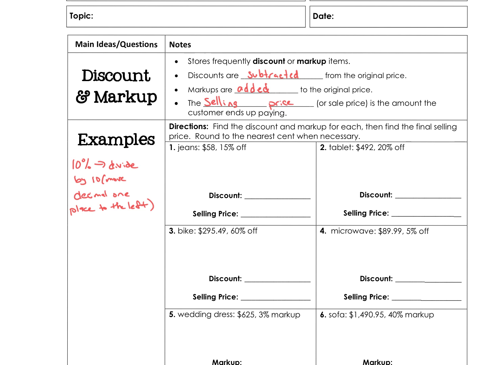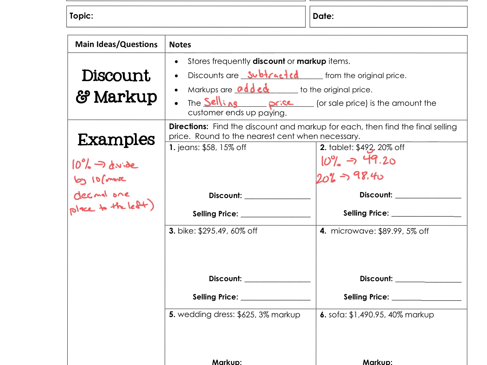For example, on this tablet where it's $492 and it's a 20% discount, we can figure out that 10% would be $49.20, because I took that decimal point and moved it one spot to the left. And then 20% is just doubling that. If I double 49.20, it ends up being 98.40.